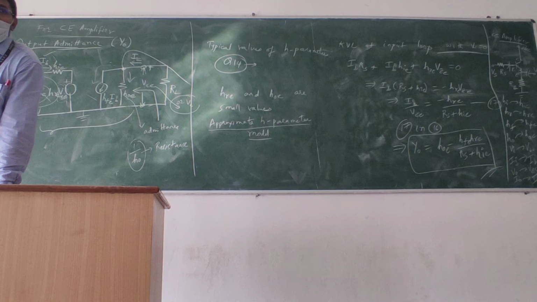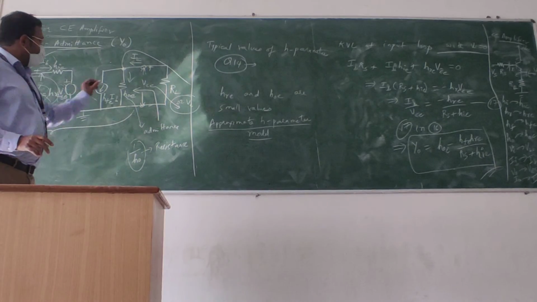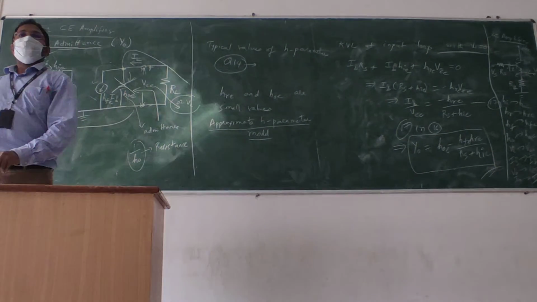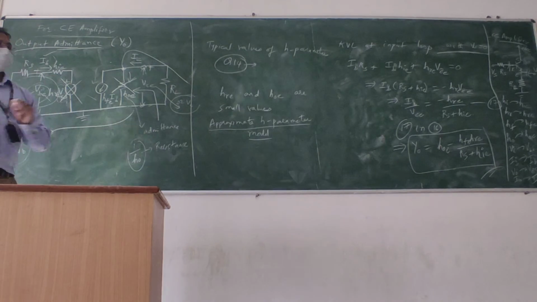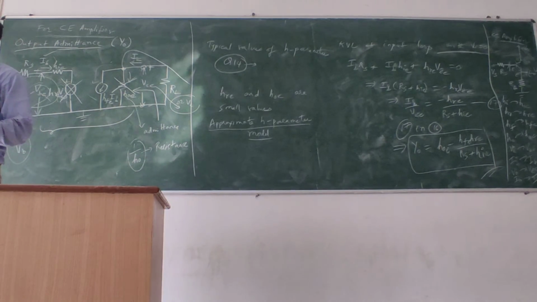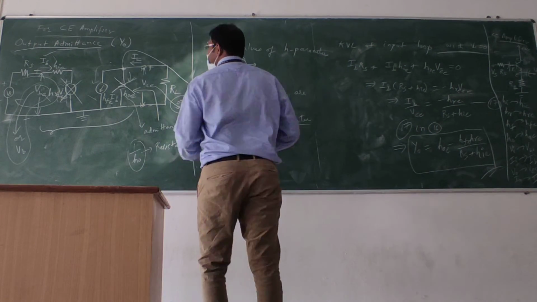HRE and HOE. Simple. So all you will do is this is gone. This is gone. Clear? The circuit becomes very simple.